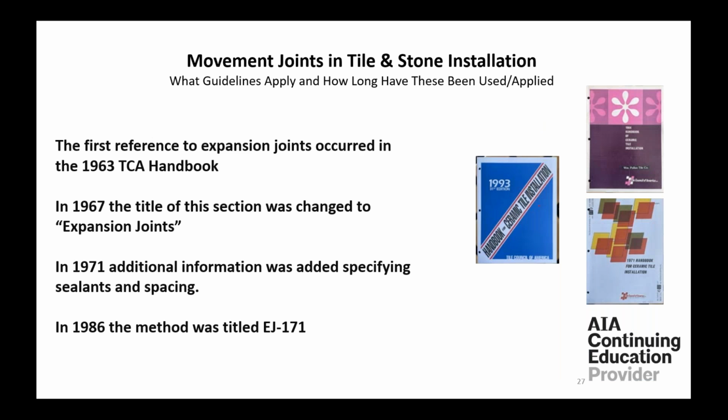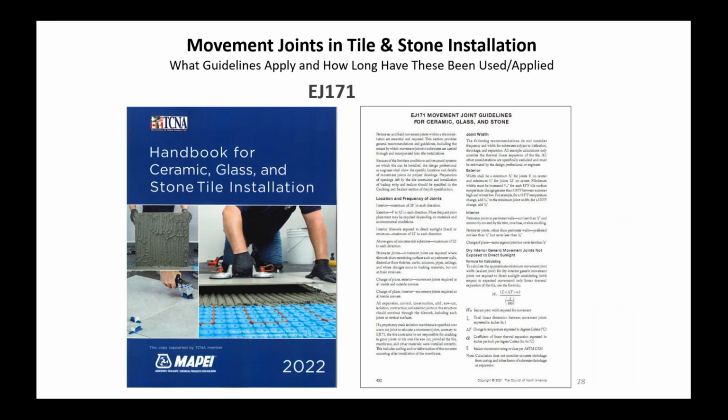The first reference to expansion joints occurred in the 1963 TCA book. In 1967, the title of that section was changed to expansion joints. In 1971, additional information was added on specifying sealants and spacings. In 1986, the method was titled EJ171. We continue to make minor changes in expansion joint recommendations.